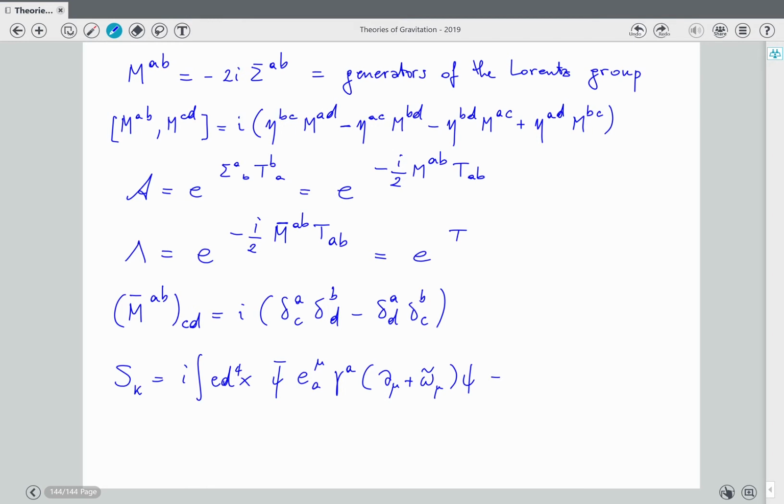And that we can write by introducing a covariant derivative of fermions, like that. The covariant derivative of fermions is that thing.